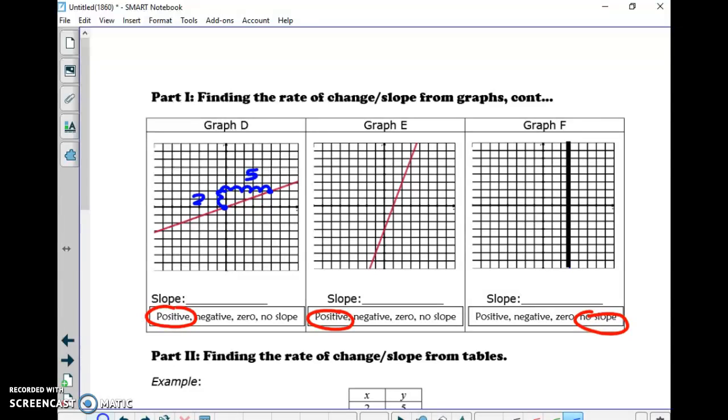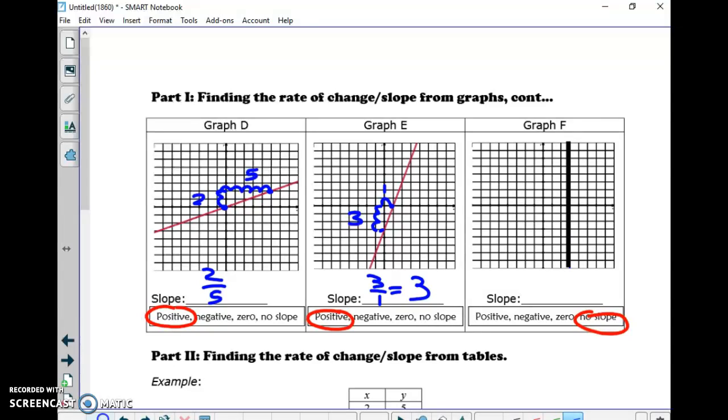Those are both positive, so 2 over 5. It doesn't reduce, so you're good. Graph E, what do we get? 3 over 1, which is the same thing as just 3.